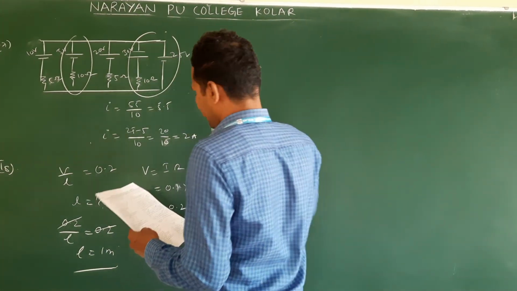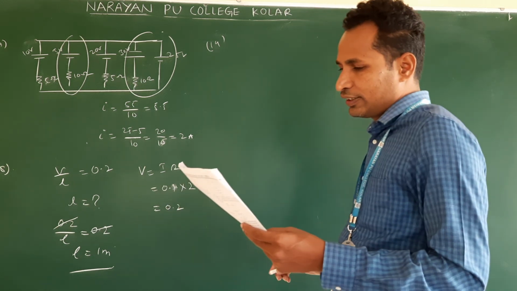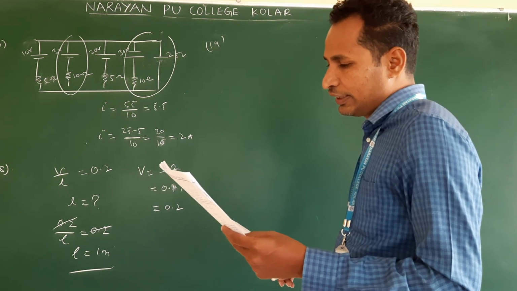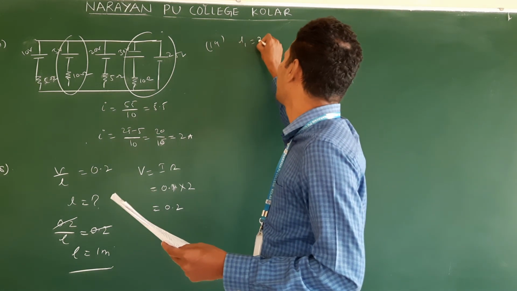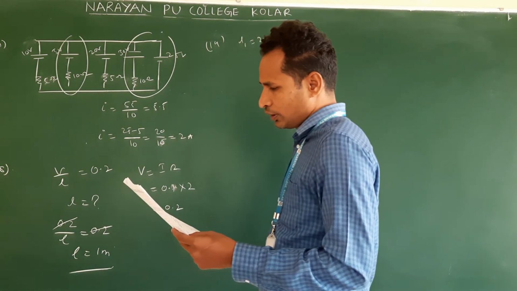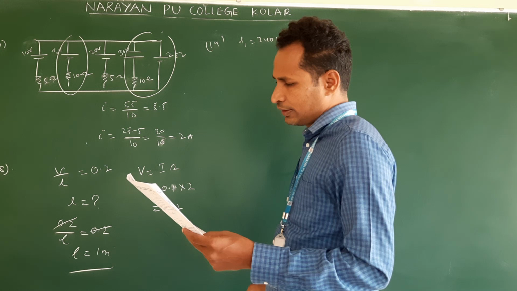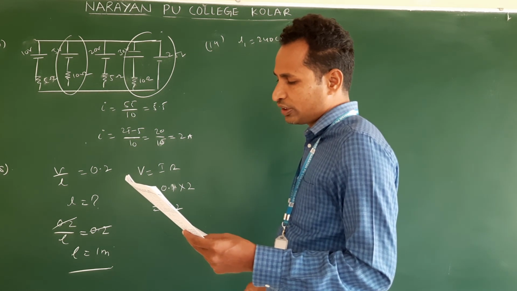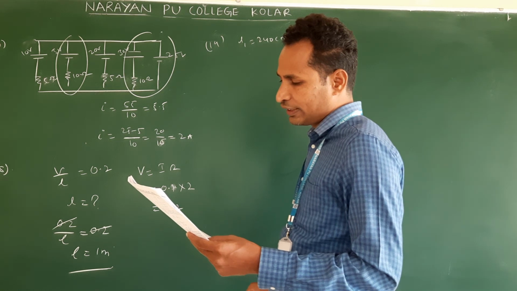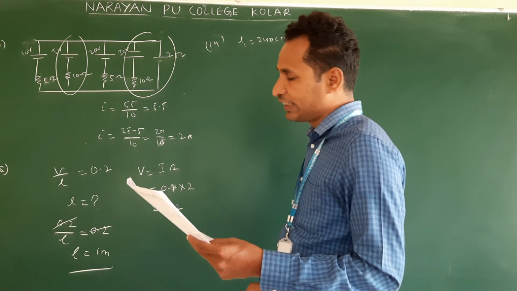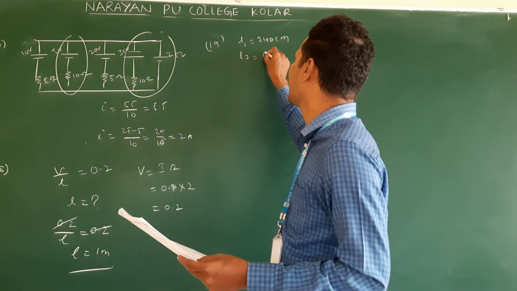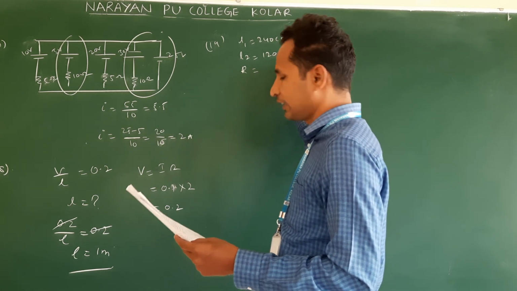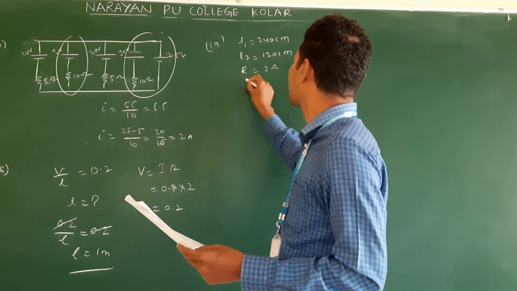In a potentiometer experiment, the balancing length of the cell is L1, which is 240 centimeter. Next, on shunting a small resistance of 2 ohm, the balancing length becomes 120 centimeter. What is the internal resistance? Direct question. L2 is given as 120 centimeter. R, externally connected, is 2 ohm. They are asking the internal resistance.